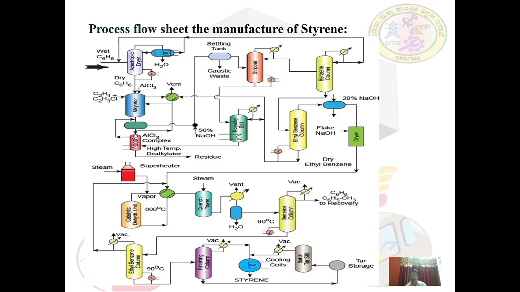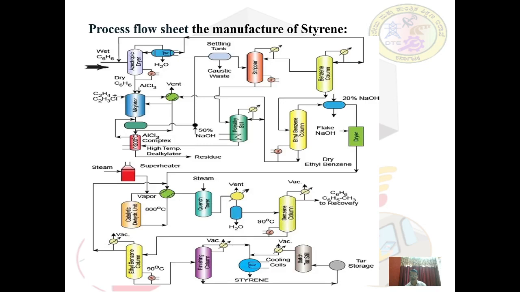The styrene is then stabilized at this point with paratertiary butyl catechol, then vacuum distilled again to remove the traces of tar and sulfur.